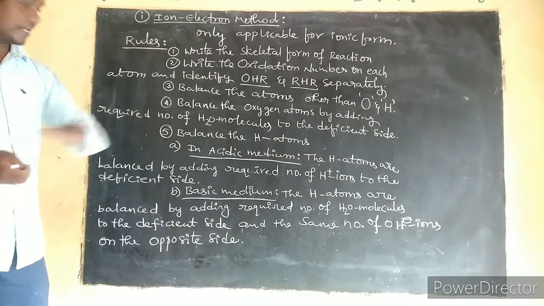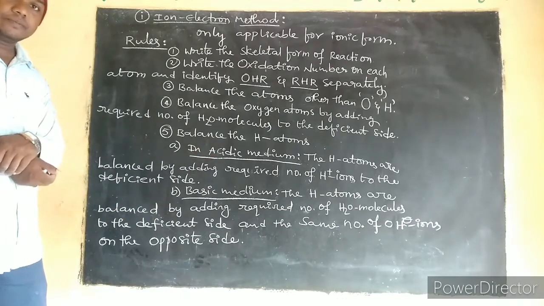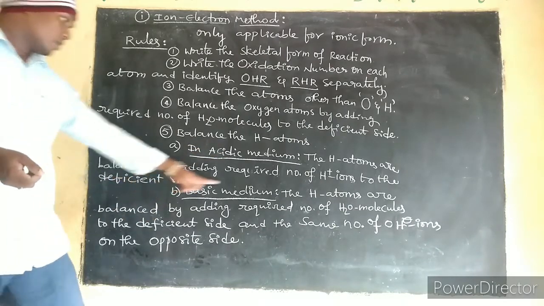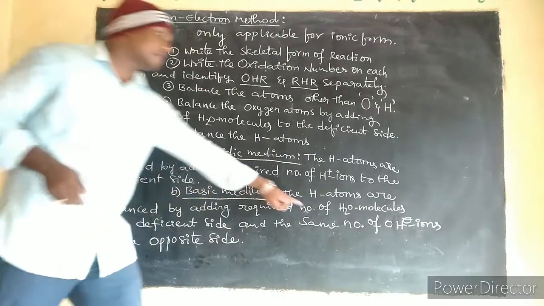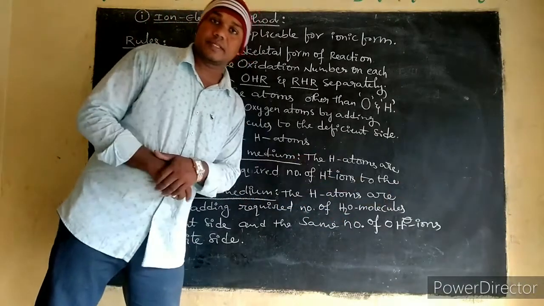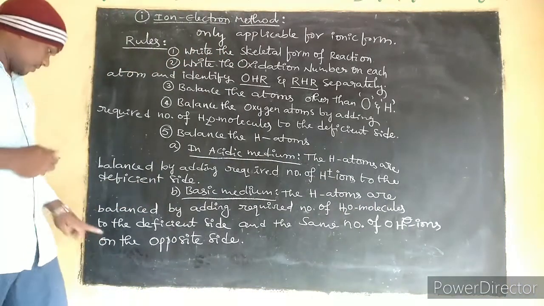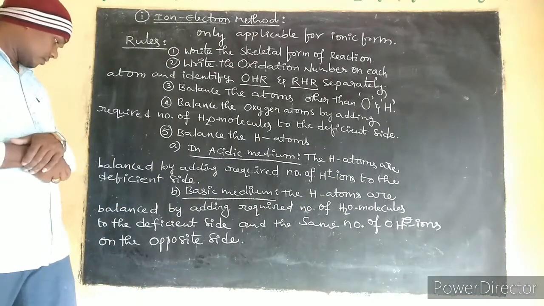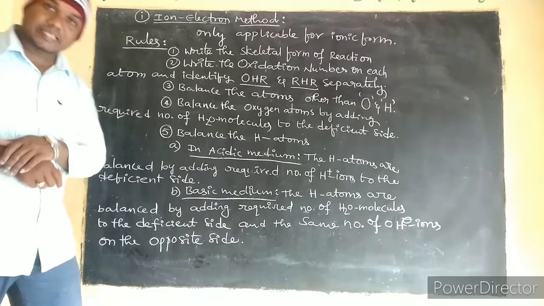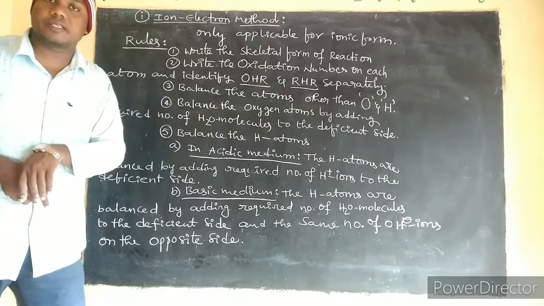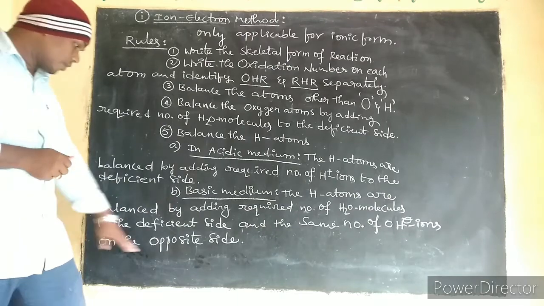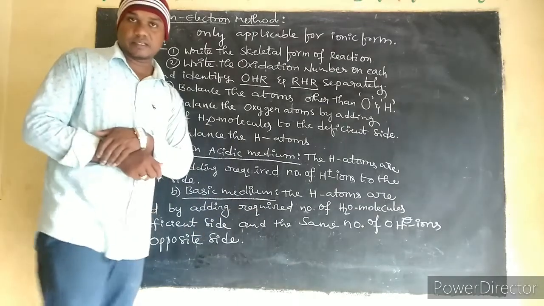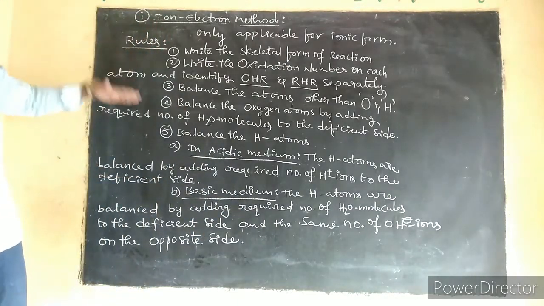In basic medium, the hydrogen atoms are balanced by adding required number of water molecules on the deficient side, and the same number of OH minus ions on the opposite side, correct? So these are 5 points.